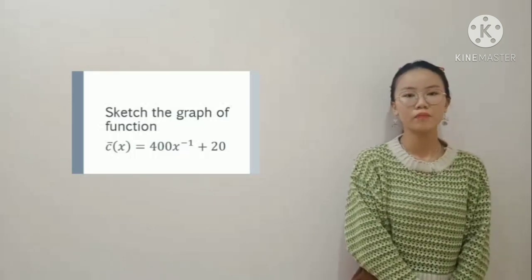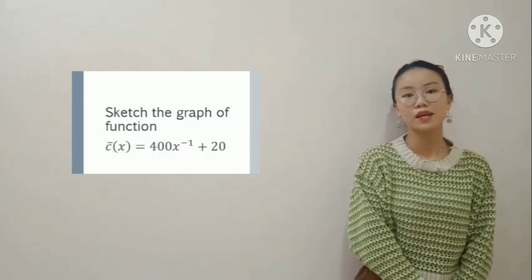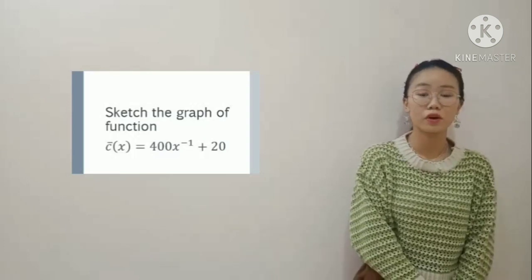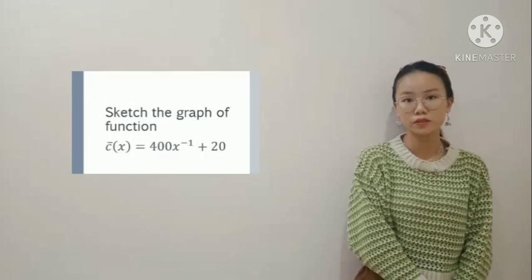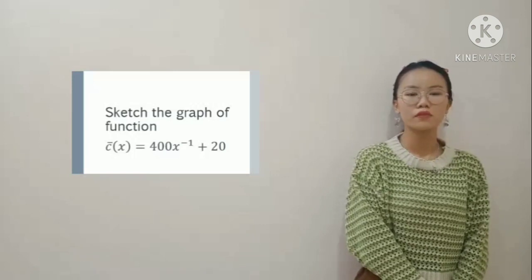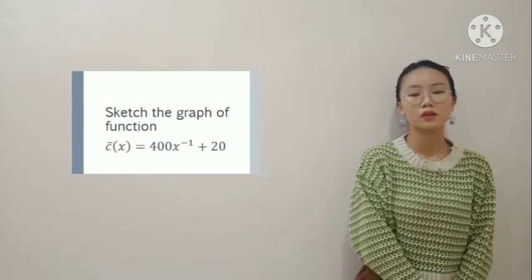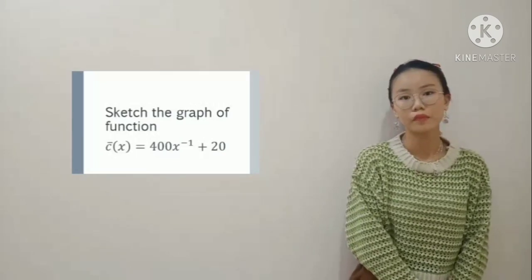Question D is a graph sketching question. This question asks us to sketch the graph of the average cost function. Our average cost function is 400x to the power of -1 plus 20.